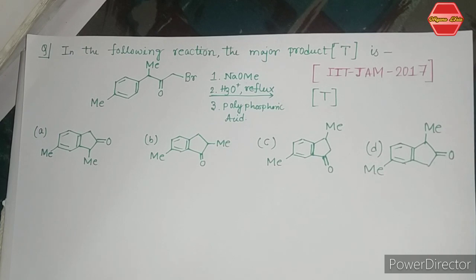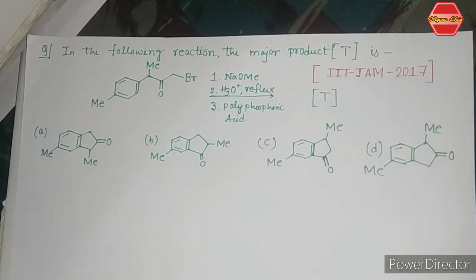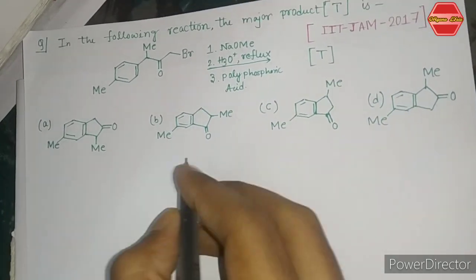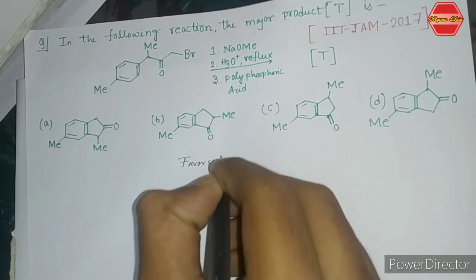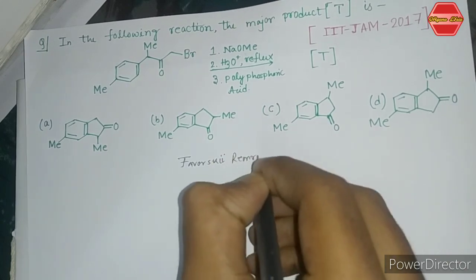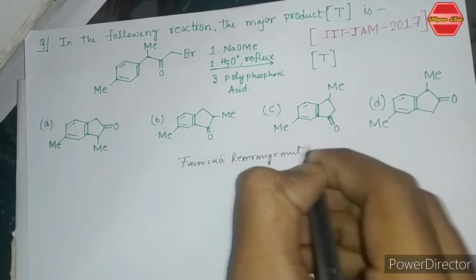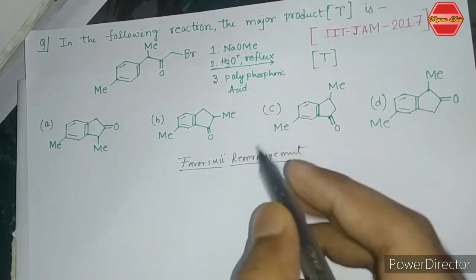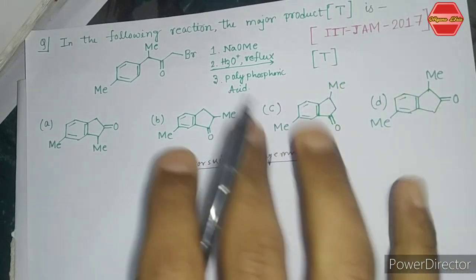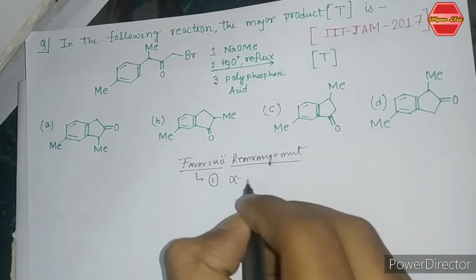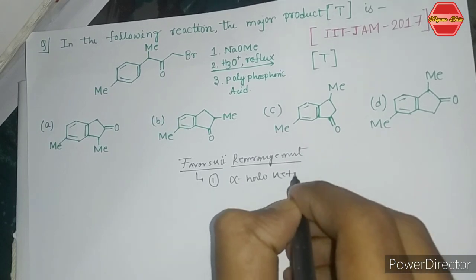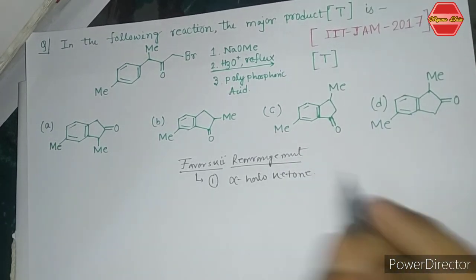So you have to know what type of compound undergoes this rearrangement reaction. At first the compound should have the following features, which I am writing here. The name reaction is Favorskii rearrangement. First of all, the compound should be an alpha haloketone. So what is an alpha haloketone?